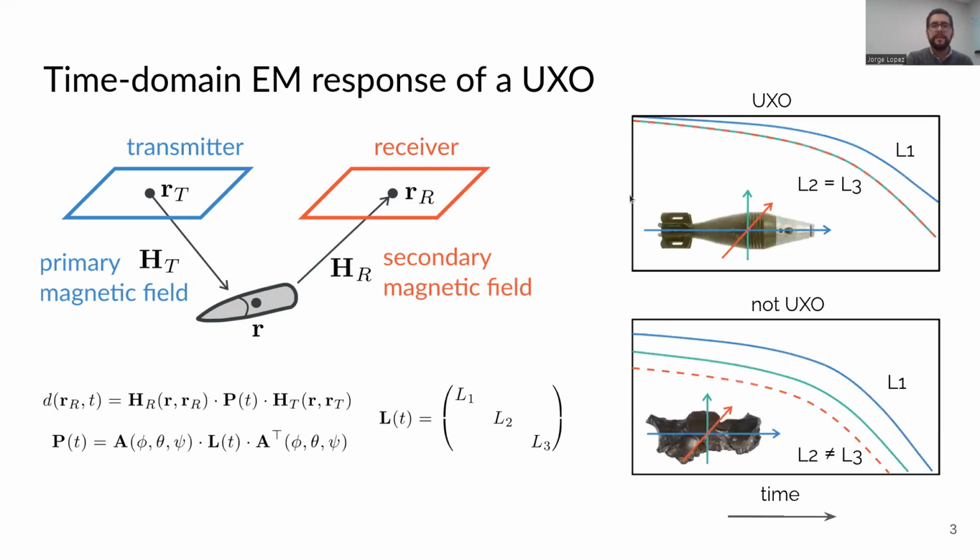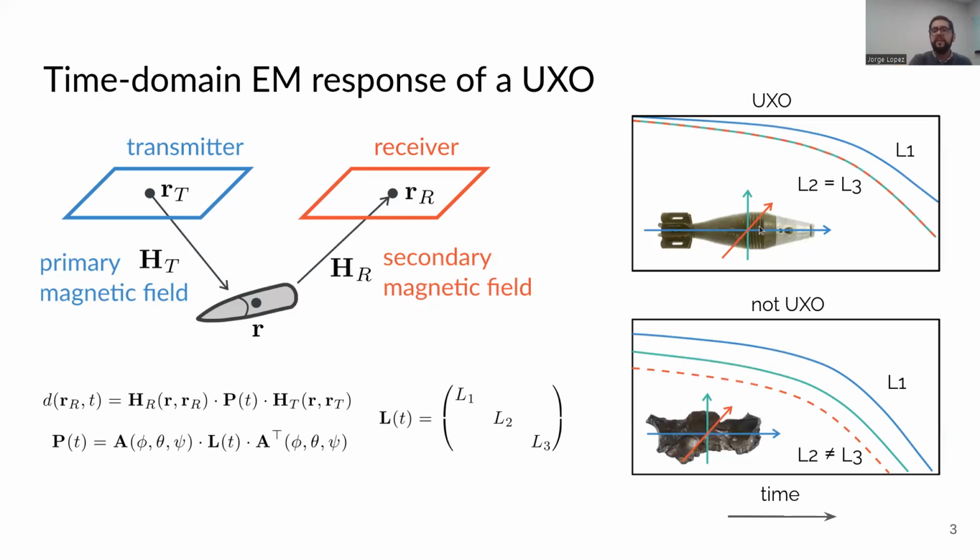In general, we use a forward model where we require the position of the UXO relative to the transmitter and the receiver. We also require the orientation of the receiver, because we simulate the UXO considering three principal axes, and each of these principal axes is associated with different dimensions of the metallic object.